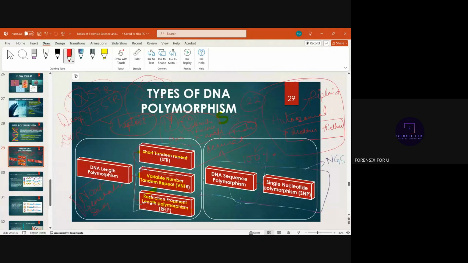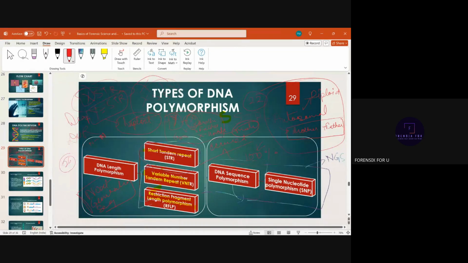Next generation sequencing aims at nucleotide by nucleotide identification. Here we are just working on 26 markers, but next generation sequencing will help us identify the exact nucleotide to nucleotide identity or profiling of a particular individual.